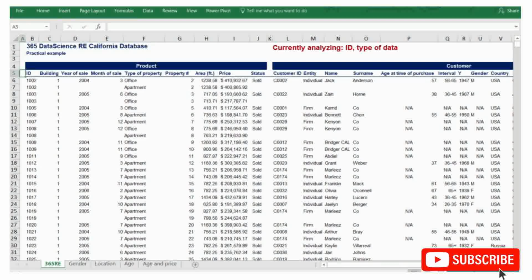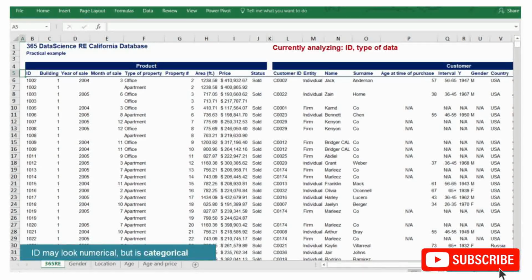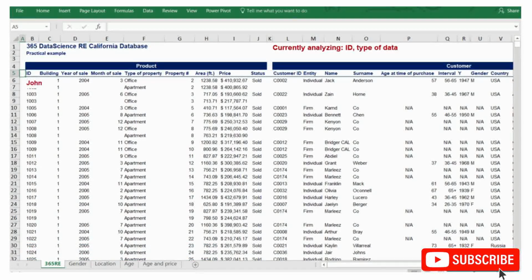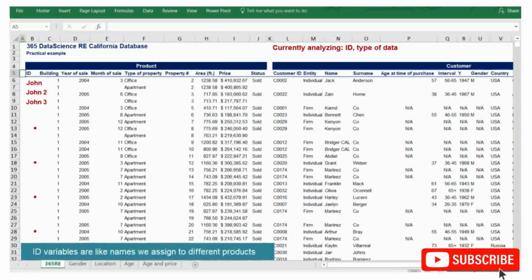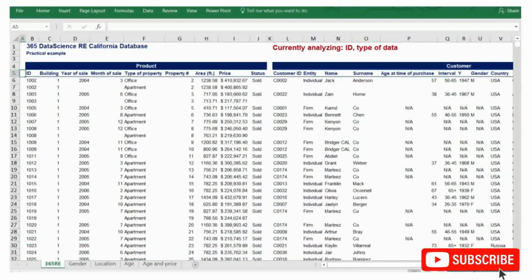It may look numerical to you, but it is categorical. That's counterintuitive the first time, so let's clarify it. What if we use names like John, John 2, John 3, and so on until John N? The meaning would not change. ID variables are like names we assign to different products. However, it is much easier to use numbers, as unlike names, we have an infinite number of numbers.